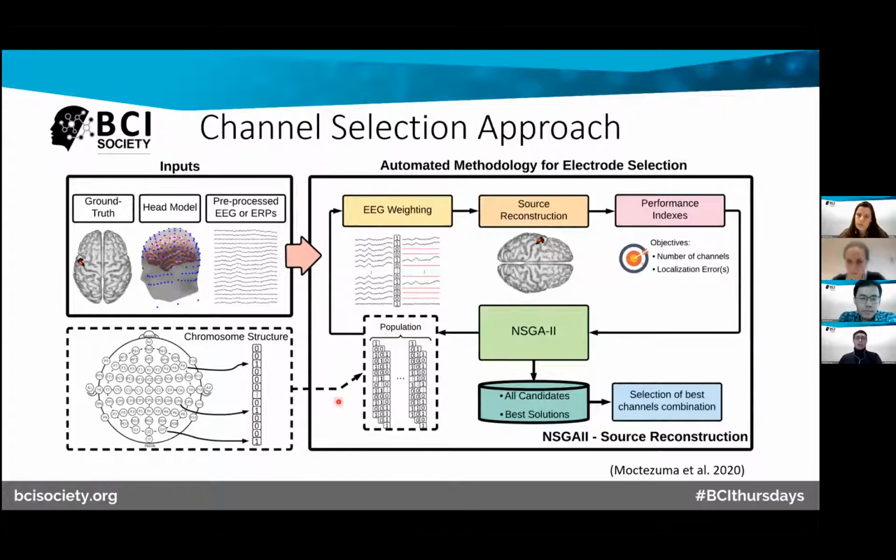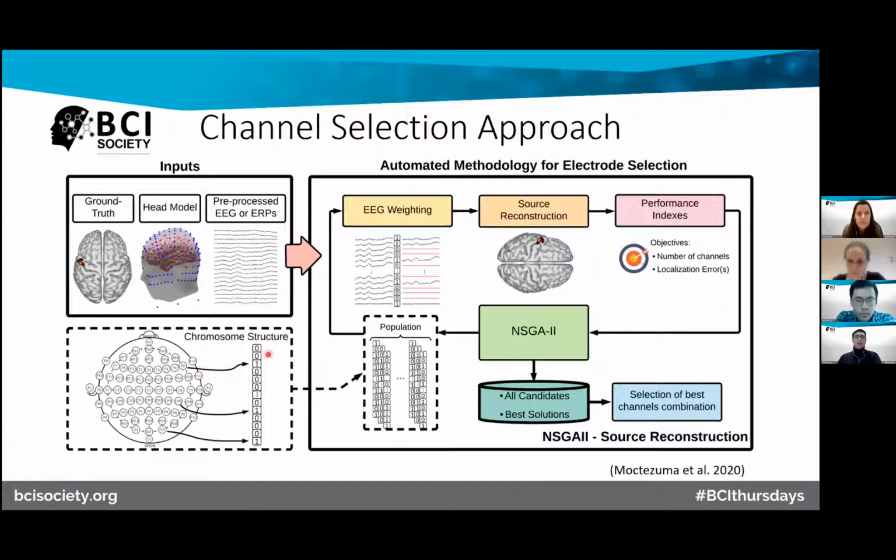Channel selection was previously applied by Moctezuma and colleagues, for features and classification accuracy. In this case, we approached source reconstruction, and the optimization algorithm we used is a non-dominated sorting genetic algorithm. It creates a set of different combinations, and each combination has multiple genes related to the channels.